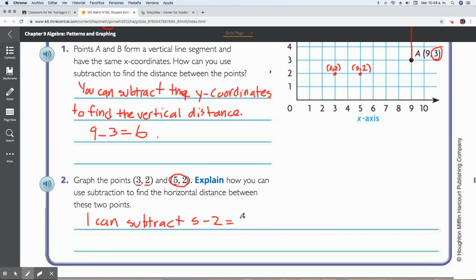I mean 5 minus 3, sorry. 5 minus 3, because the x is 3 for the first point and 5 for the second one. So 5 minus 3, which will be 2 units. There's a difference of 2 units, or a distance of 2 units, between these 2 points.